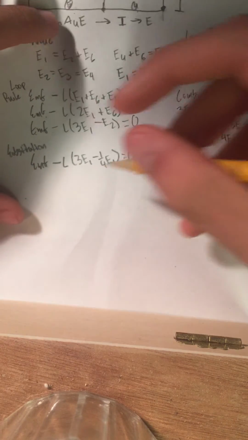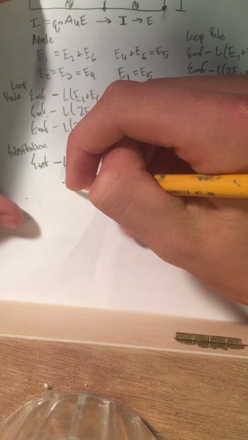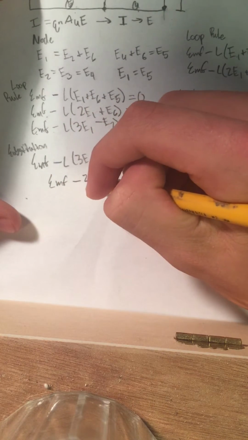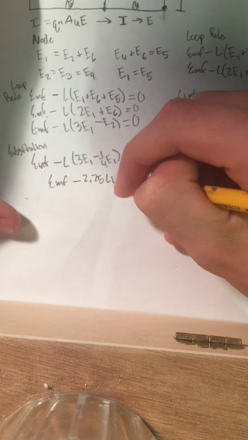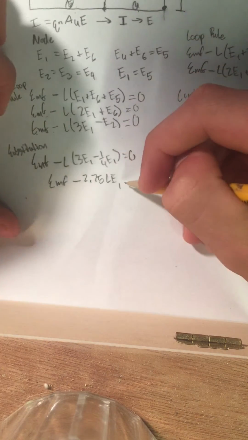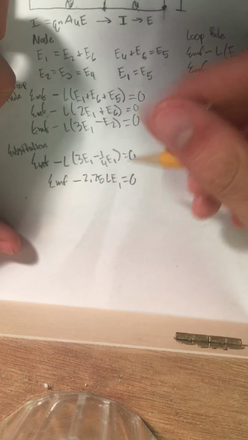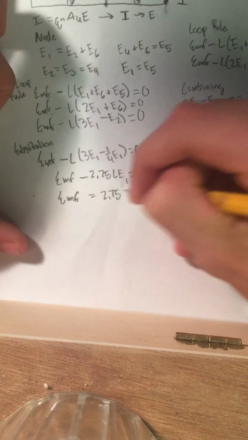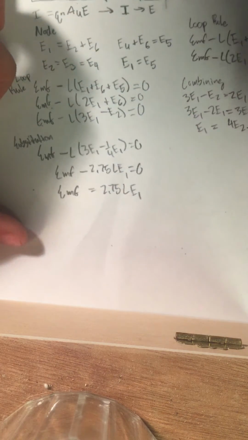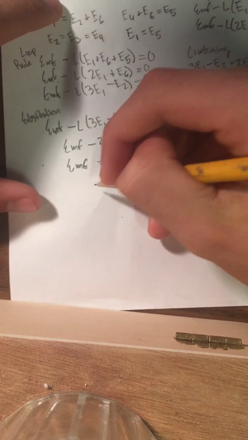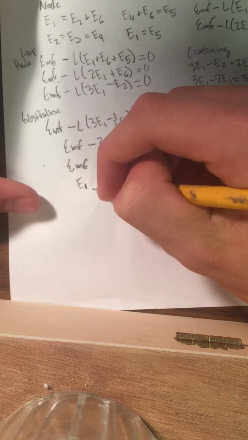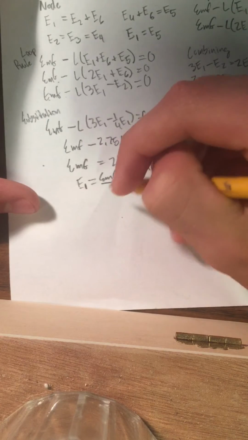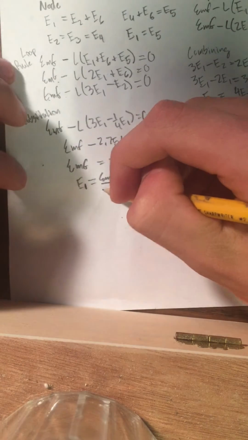Alright, now we can actually simplify this down to all variables that we know. And we can say, very simply, 2.75 LE1, that just comes from 3 minus 0.25. Move that over to the other side. LE1. And then eventually all that we're solving for here is E1, because that is what's going to help us eventually determine the change in potential.